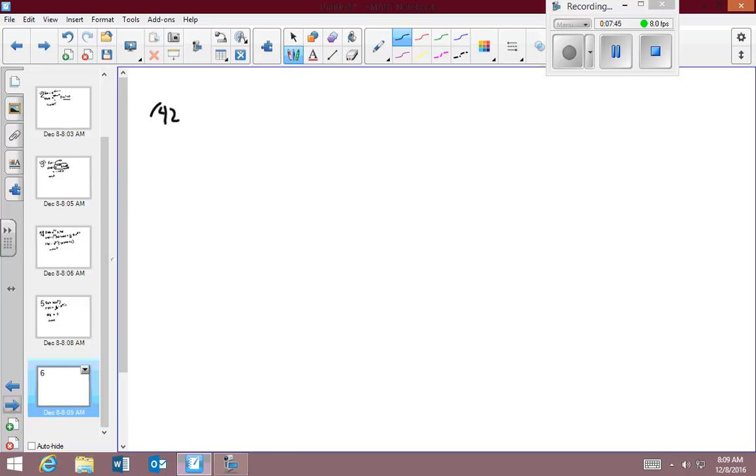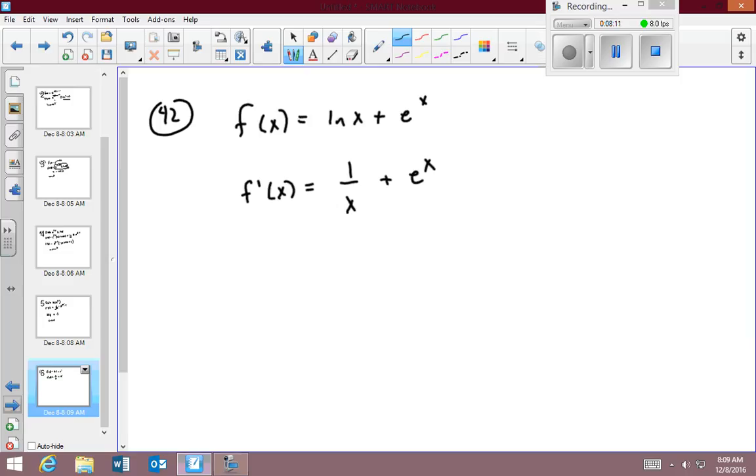f of x equals ln of x plus e to the x. So the derivative is 1 over x, and then the derivative of the argument, which is 1. So then this is e to the x, and the derivative of the exponent is 1.